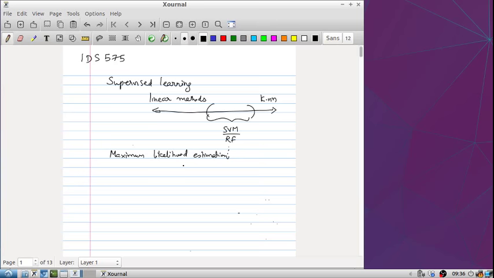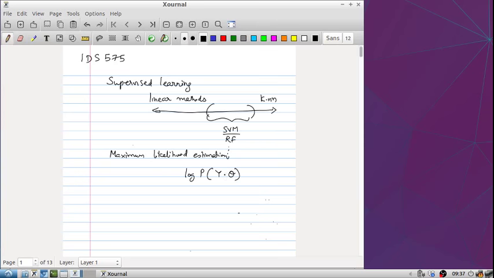Maximum likelihood estimation is all about defining a likelihood function, or log likelihood function, the log of the probability of data. Data can be X only, or I'm going to use Y, an arbitrary choice, given parameters. So this would be the likelihood function.